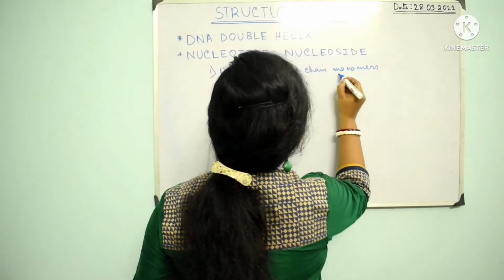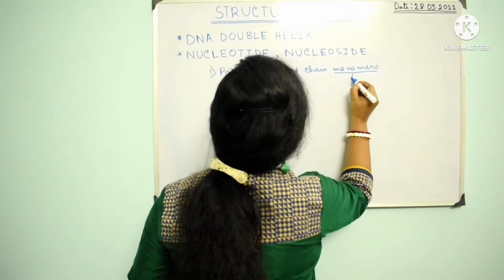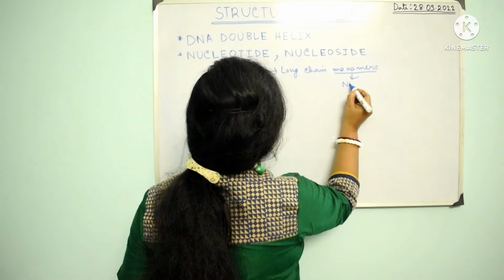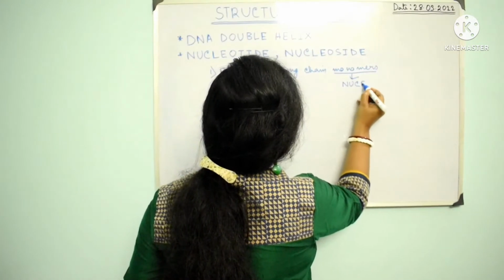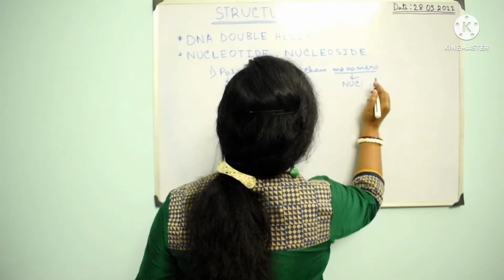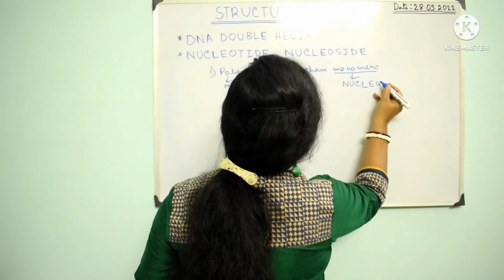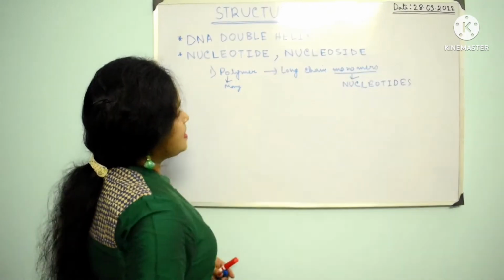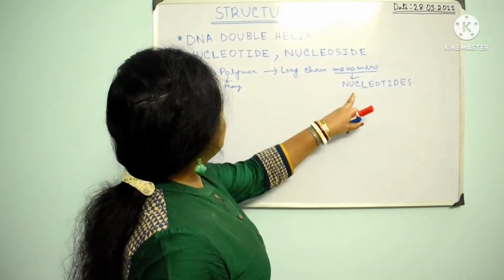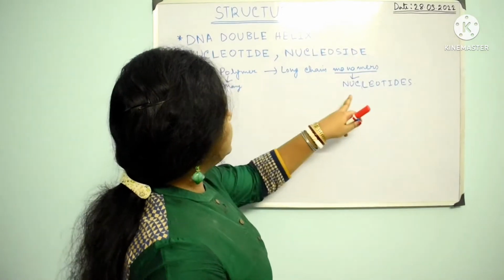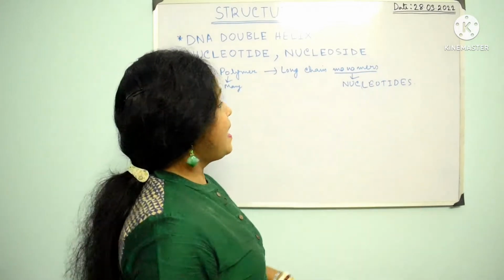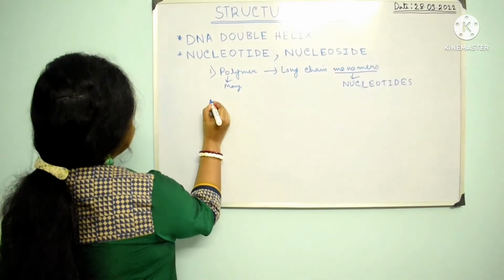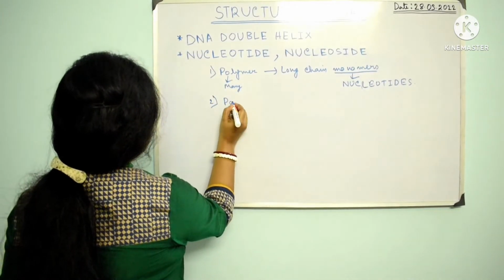And these monomers are called nucleotides. As the DNA molecule consists of a polymer of nucleotide monomers, it is also called polynucleotide.